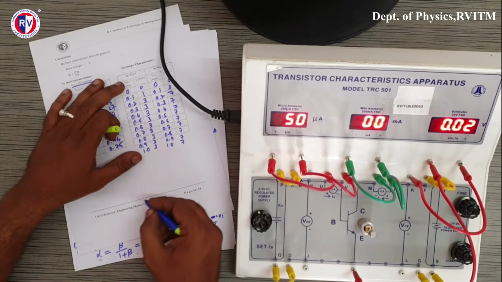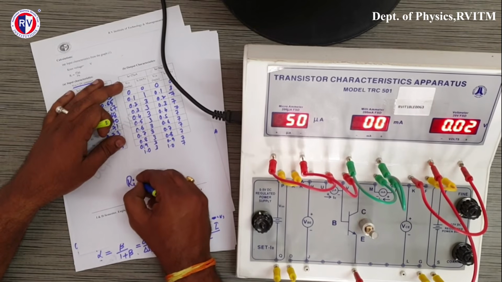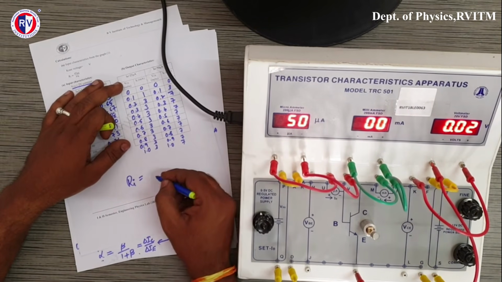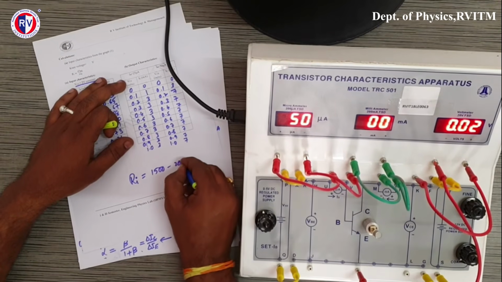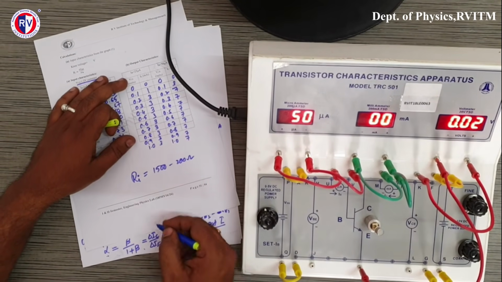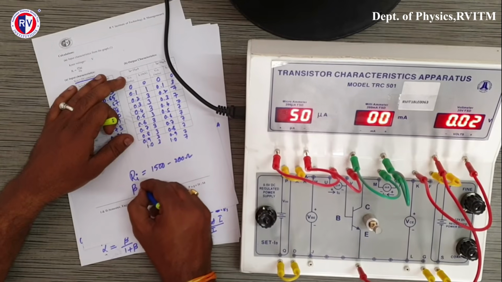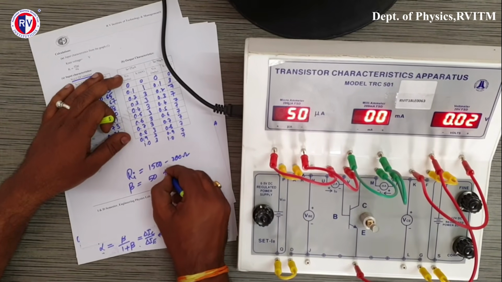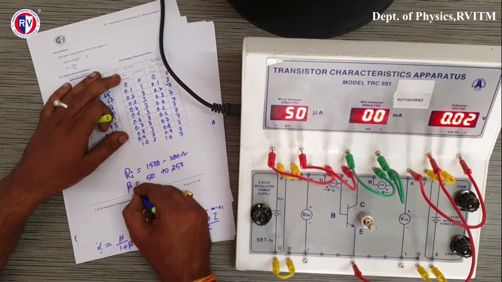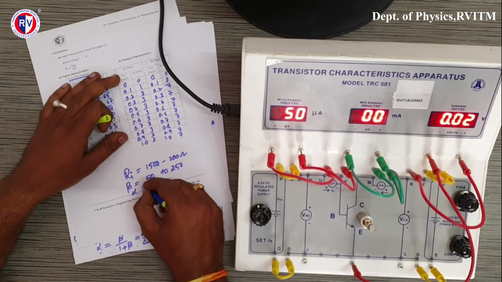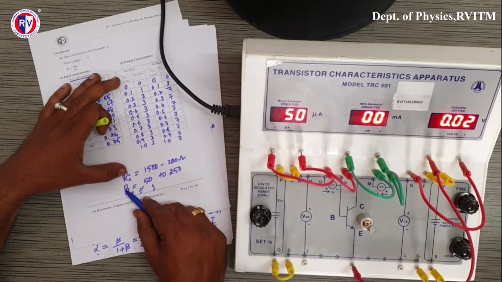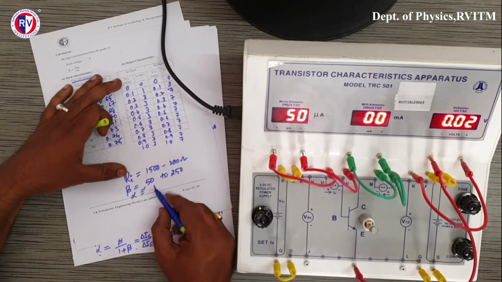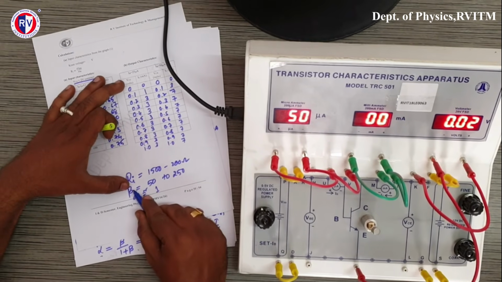The values you should get in this experiment: input resistance is around 1500 to 2000 ohms approximately, beta around 50 to 250, and alpha approximately 1.